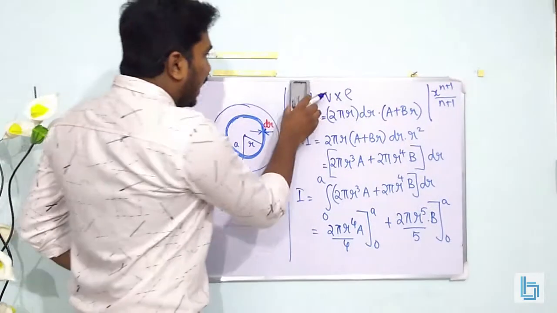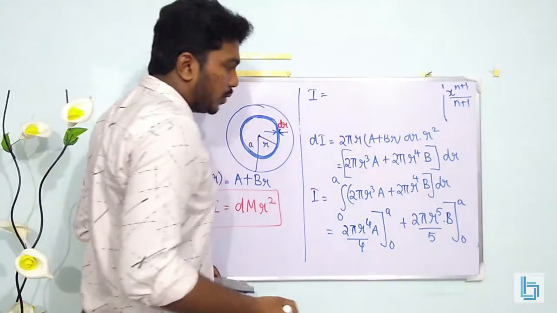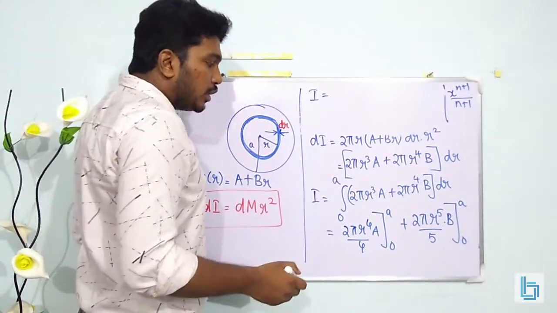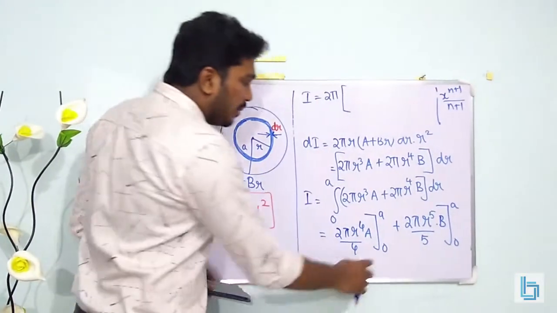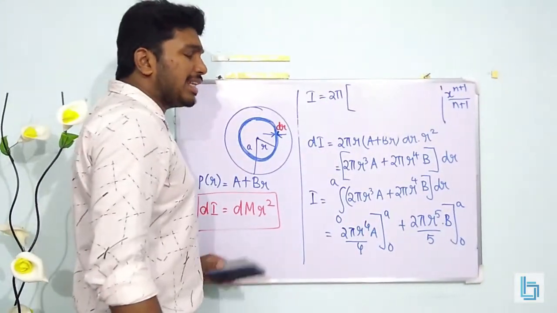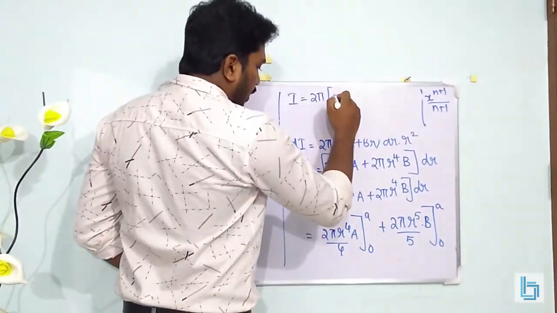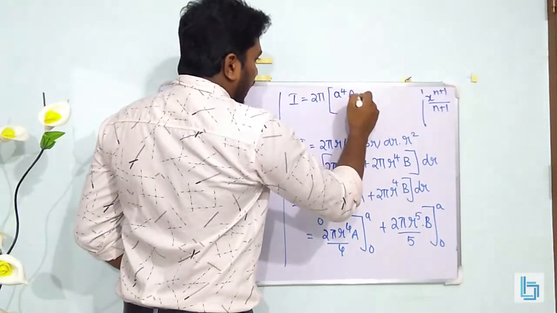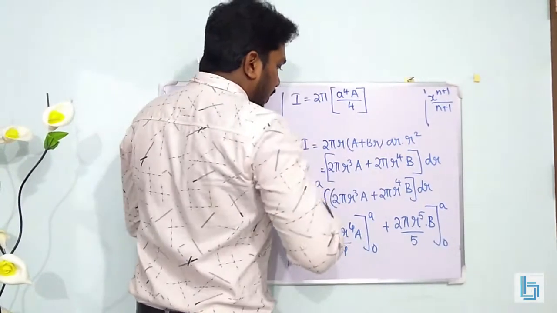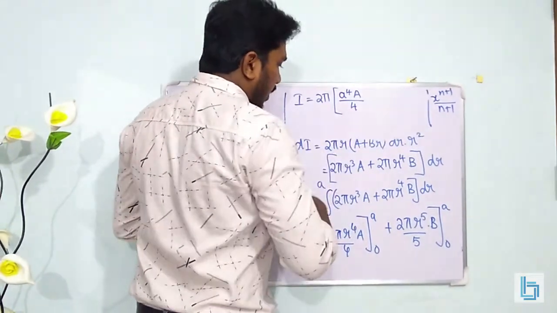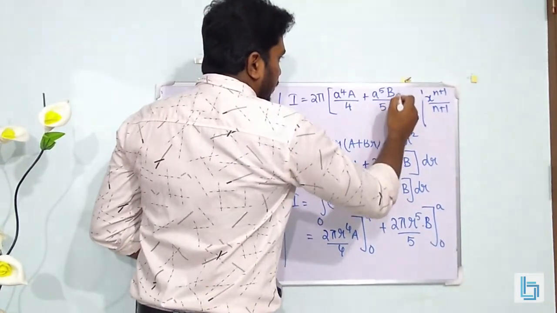Finally, by applying the limits, the moment of inertia I will be equal to, taking 2π outside, upper limit minus lower limit. The lower limit is 0 in both cases, so when you apply the lower limit you get 0. So just apply the upper limit and you get 2π into a raised to 4 a by 4 plus, for the second term, a raised to 5 b by 5.